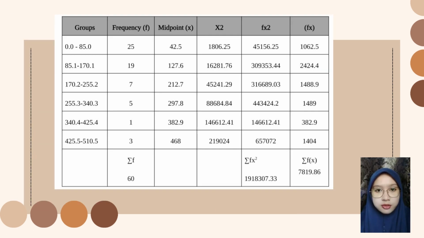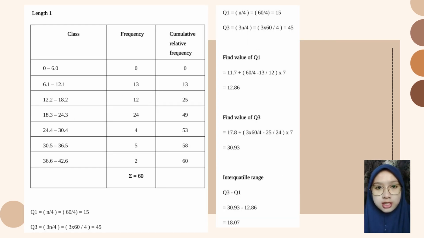The total of frequency is 60. The total of frequency to the power of 2 equal to 1618307.33. Then the total of fx is 7819.86. For the length table, the value of quartile 1 is 11.7 plus 60 divided by 4 minus 13 divided by 12 times 7 equal to 12.86.